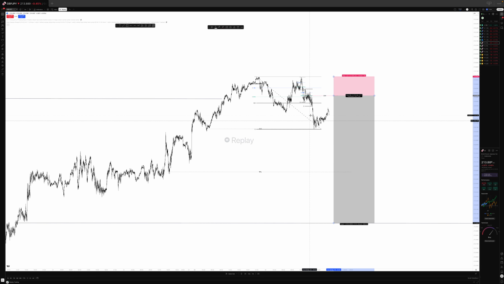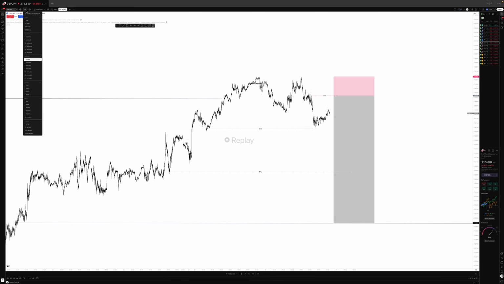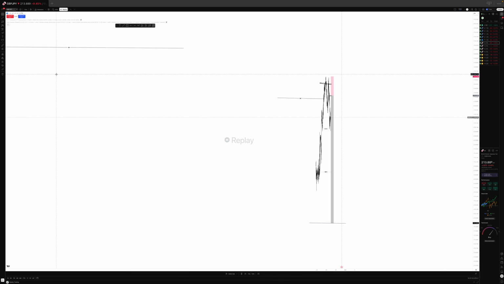Now I'm taking all these tools out of the market to make the chart look neat. I'm going to use the 5 minutes.